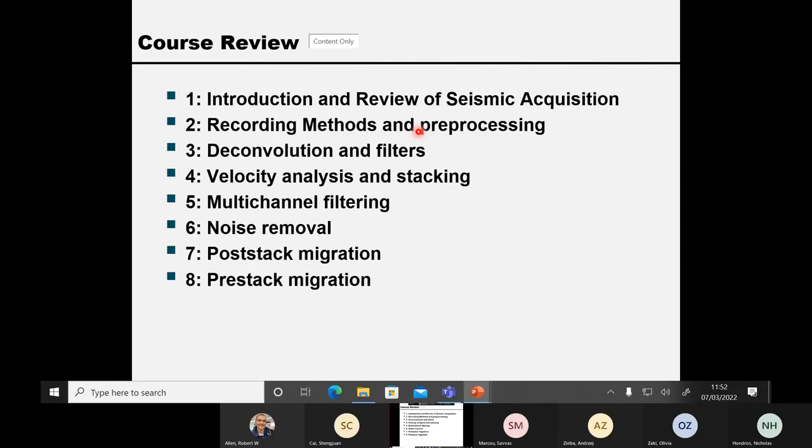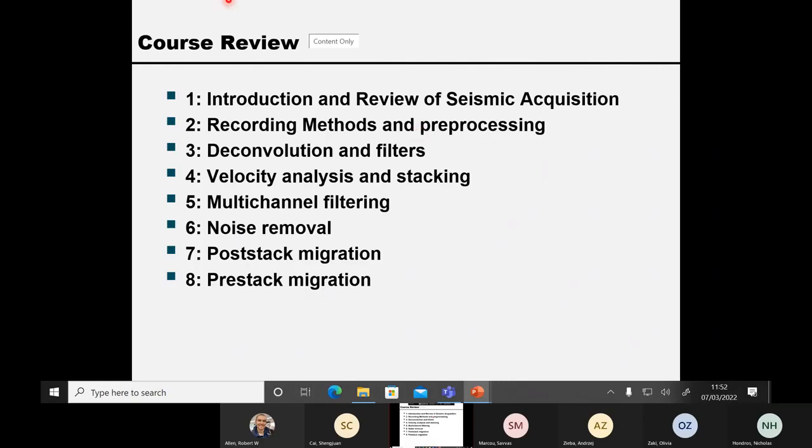The most important thing is this. The third part, we're talking about multi-channel processing. Multi-channel processing, actually including acquisition in the field, should generate redundant information. Because we need redundant information for velocity analysis, for different coherent noise attenuation, and for incoherent, random noise attenuation.